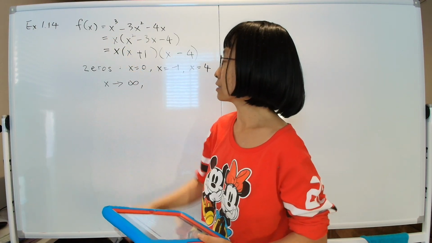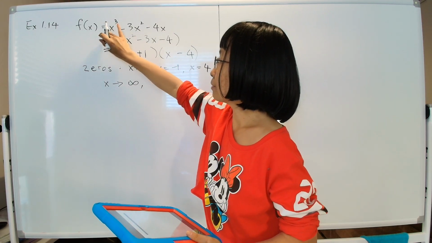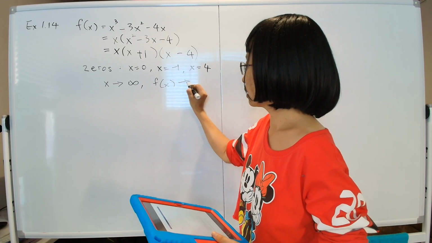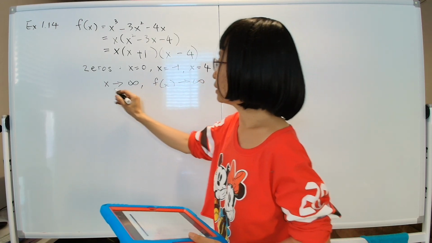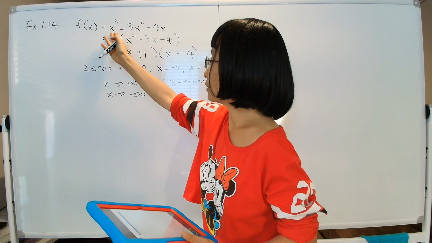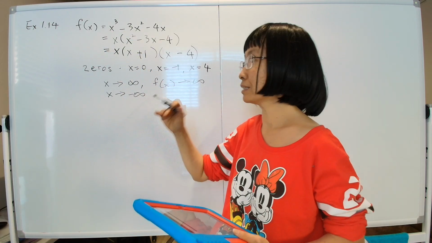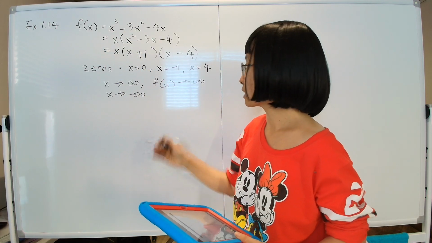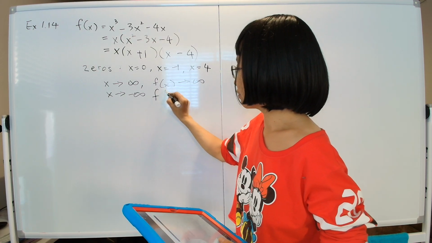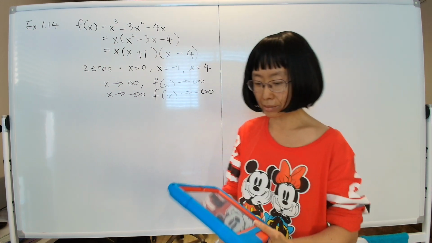As x increases, it will dominate all other things and go to positive infinity. Similarly, when x goes to negative infinity, this term will dominate and also go to negative infinity because it multiplies itself 3 times, so the negative sign survives, and f of x follows down the path of negative infinity. So that's how that part is done.